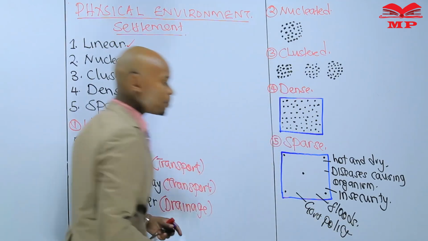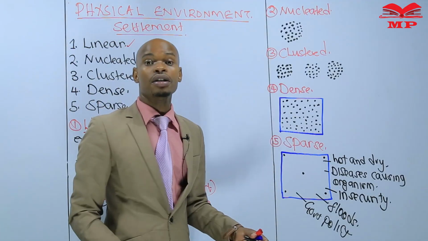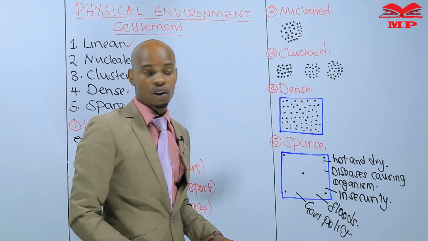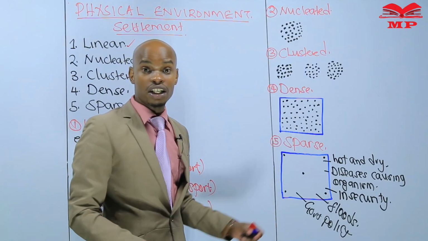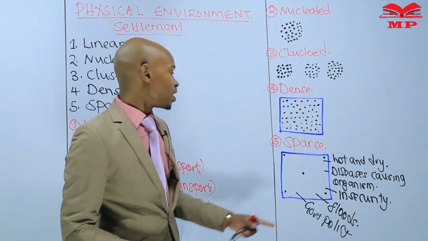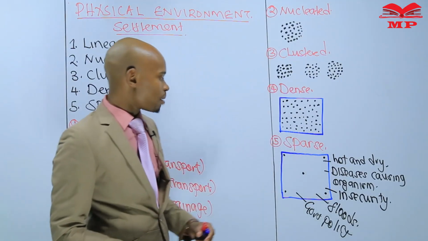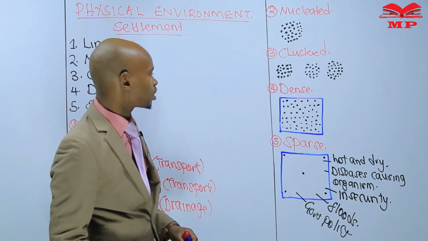An example of a government policy that does not allow so many people living in an area is maybe in a forest or in a game park, or maybe near an airport or something. They do not allow so many people in those areas. So that's some of the reasons why we would have sparse population.